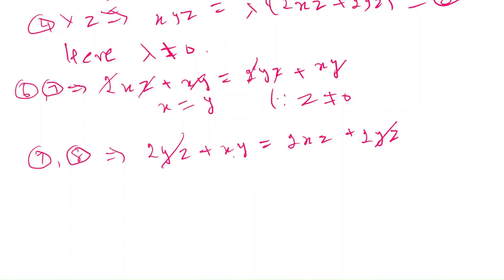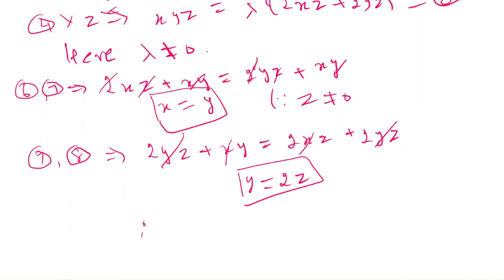After this we can cancel x, because x cannot be 0. So from this y equal to 2z. Combining with the previous one, x equal to y, and now y equal to 2z, therefore x is equal to y is equal to 2z.